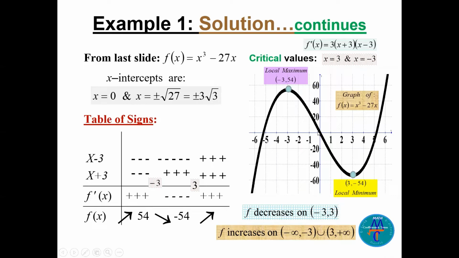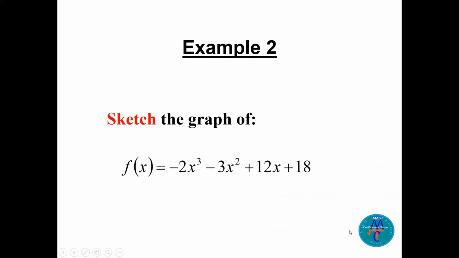And we have 3 values for the x-intercept, 0, 3 square root of 3. This is an ugly number. Also, we have here minus 3 square root of 3. The function decreases between minus 3 and 3, and increases on minus infinity to minus 3, union 3 to infinity.